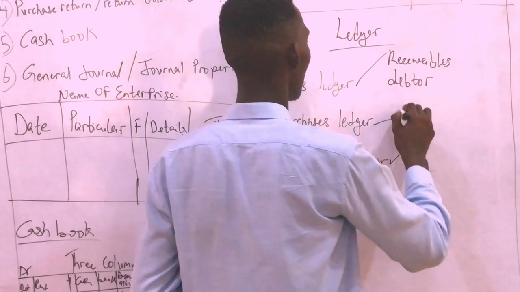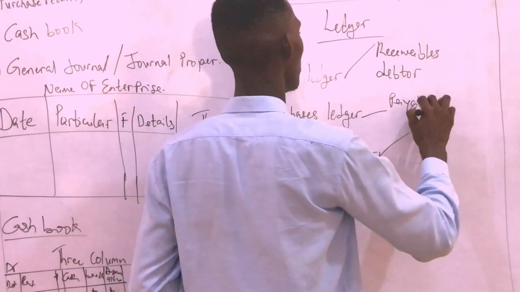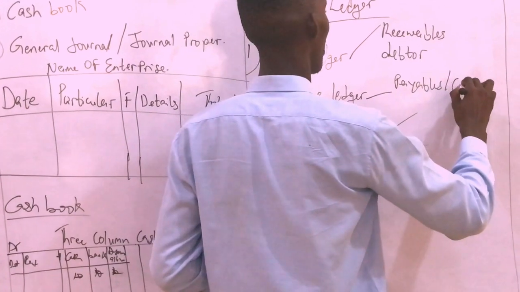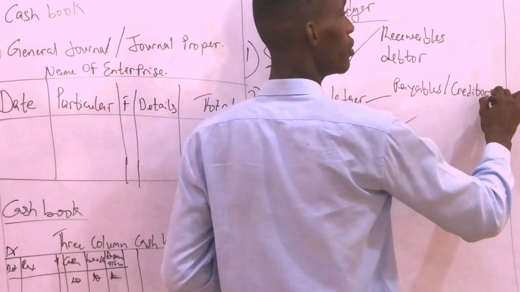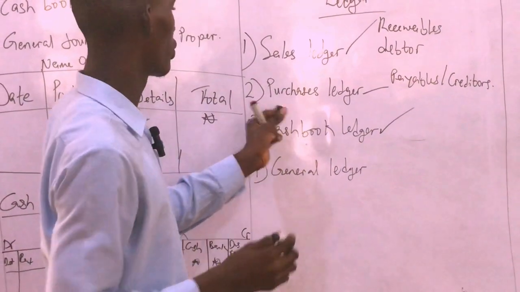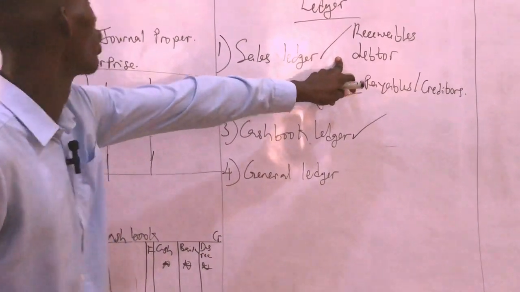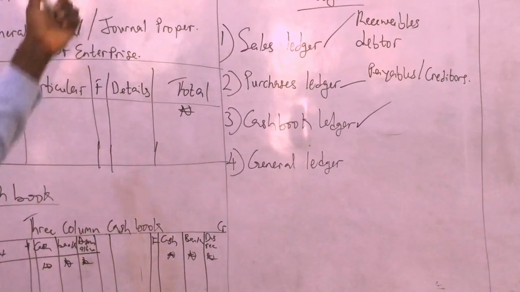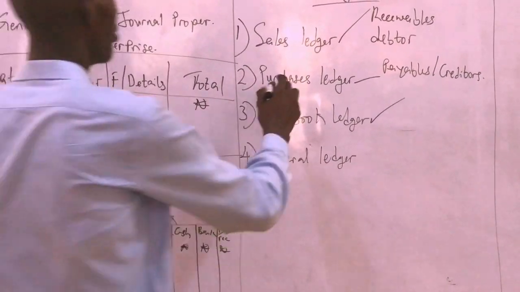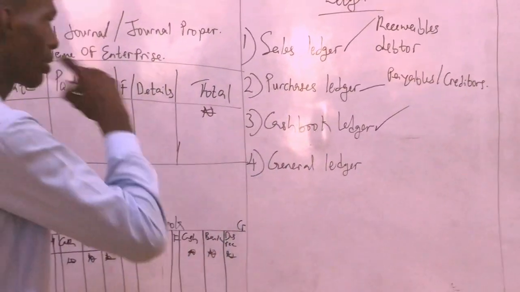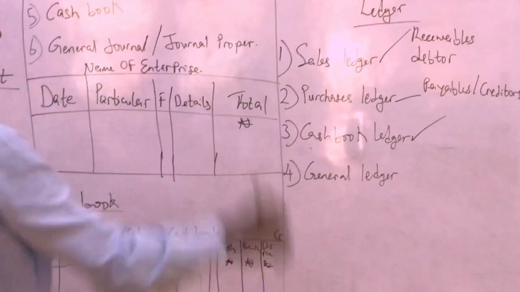While our purchases ledger is used for our payables, also known as our creditors. That is what we use our purchases ledger for. Sales ledger is for recording receivables or debtors from sales journal. Purchases ledger is used for recording creditors from purchases journal.